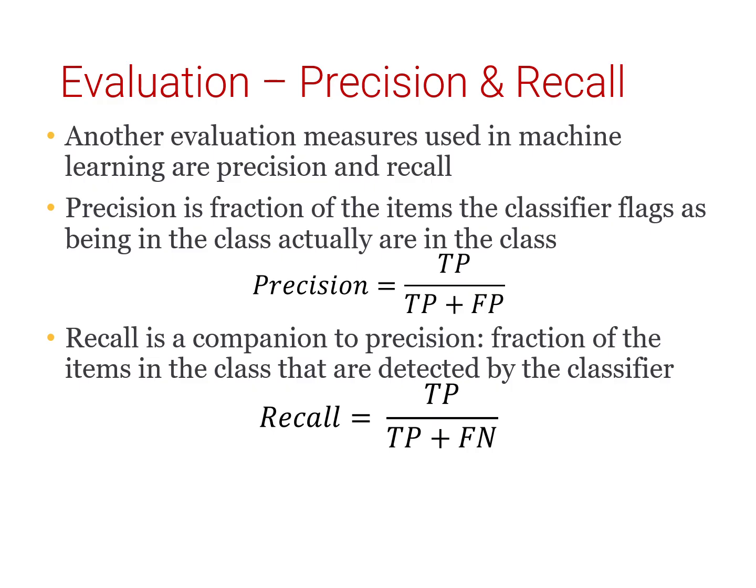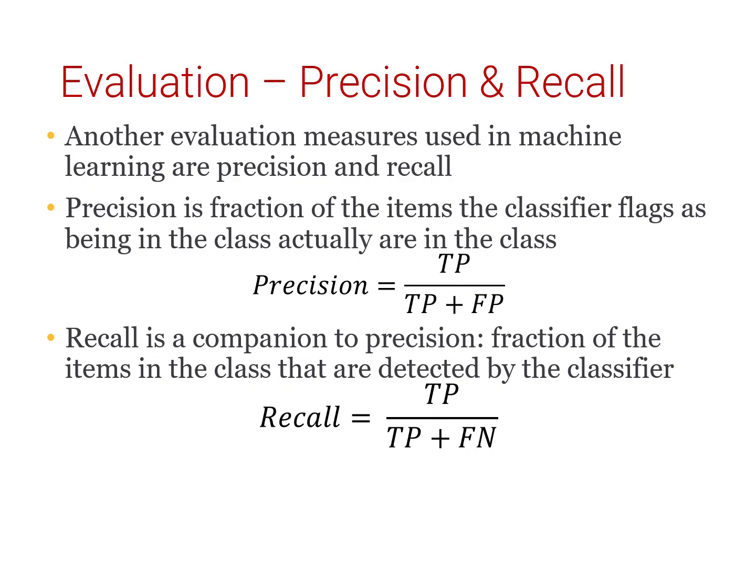It measures the fraction of instances that the classifier flags as belonging to a specific class that actually belong to that class. In other words, precision quantifies how precise or exact the classifier is when making positive predictions. A high precision indicates that when the classifier predicts an instance as positive, it is highly likely to be correct.